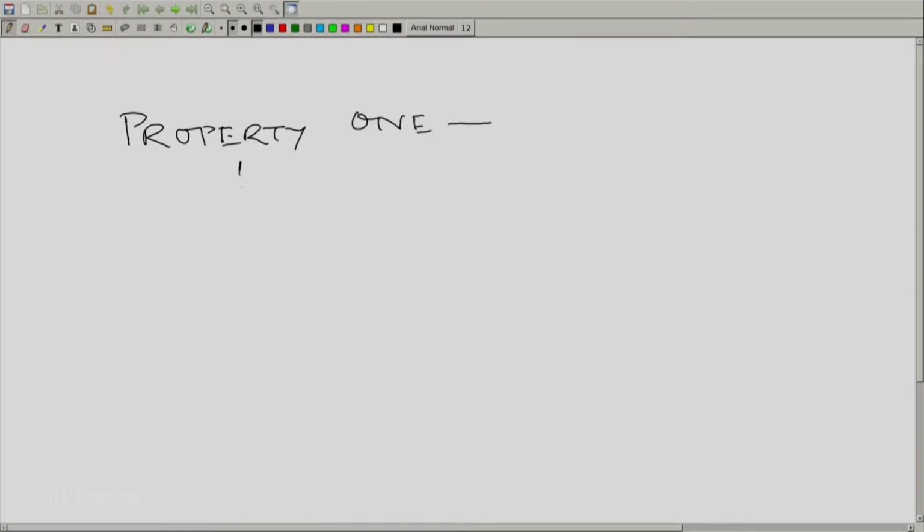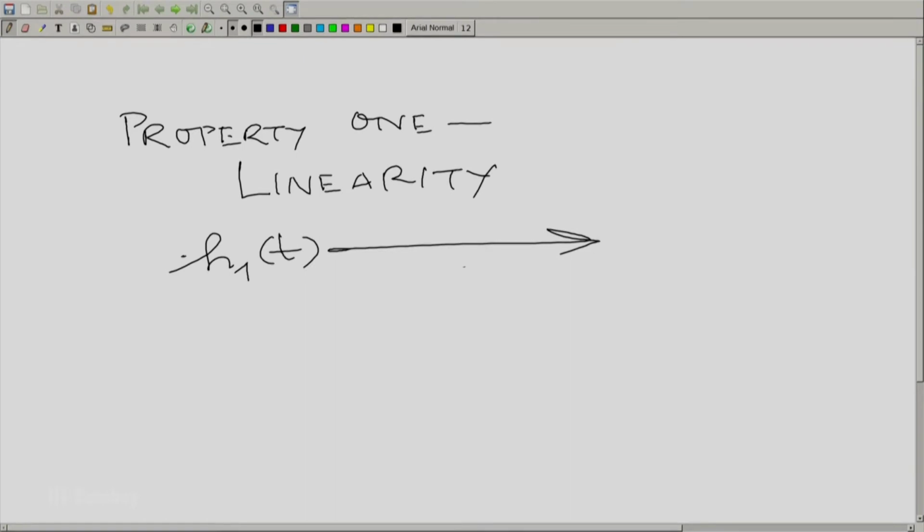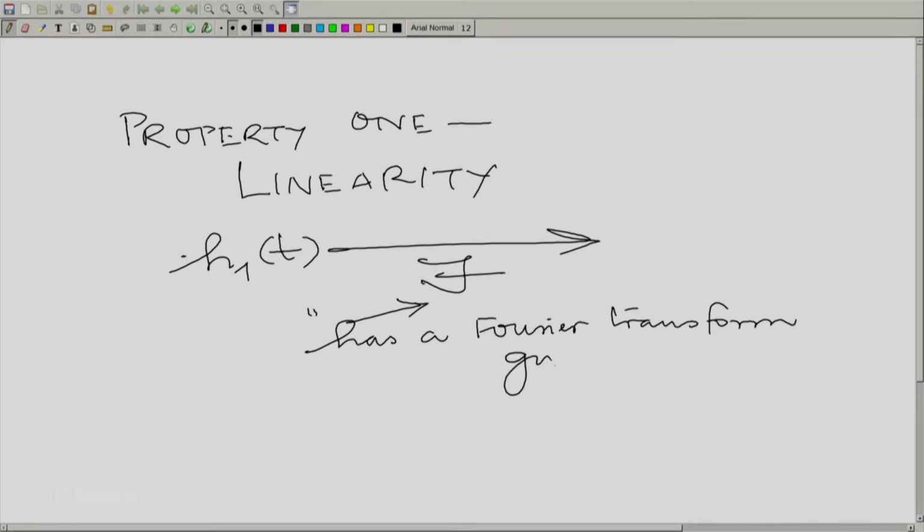Let us understand this property. So, if h1(t) has the Fourier transform, now we are going to use a symbol to denote Fourier transformation. So, when we write script F like this, we mean has a Fourier transform given by capital H1 of omega.